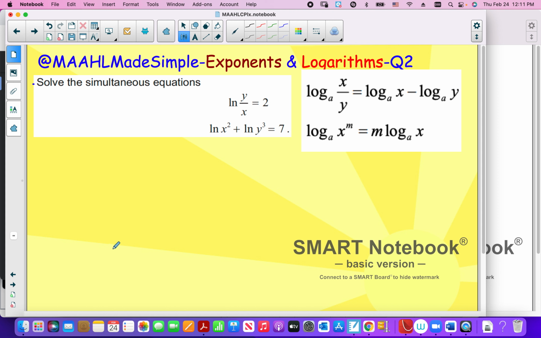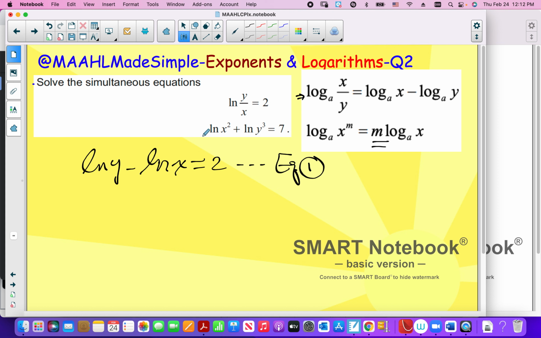We have two simultaneous equations and we need to solve for x and y. I put these properties that we might be utilizing. So using the quotient rule, I will rewrite the first equation as ln y minus ln x is equal to 1. So here is my equation 1. Equation 2, I can use the second property and bring the power down.